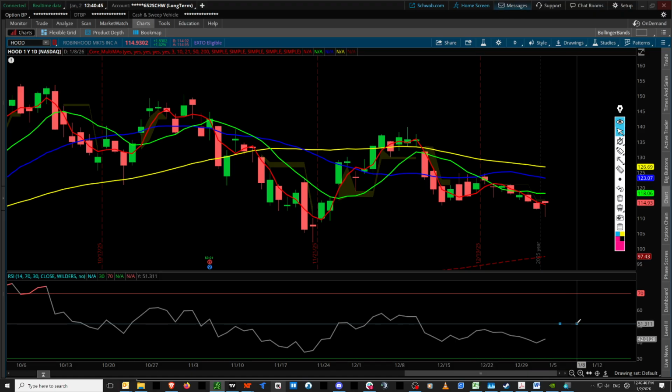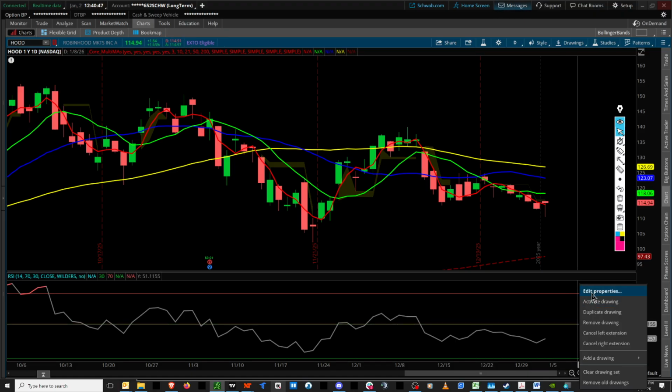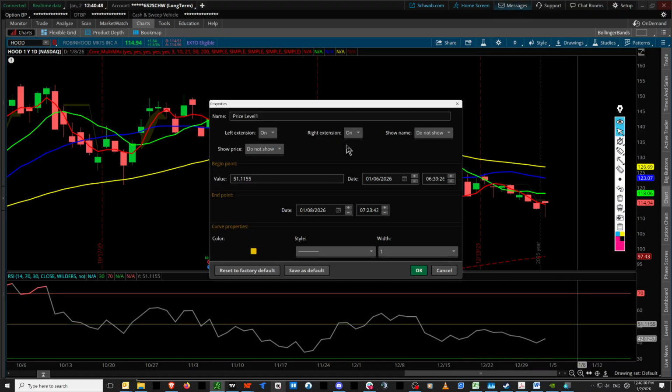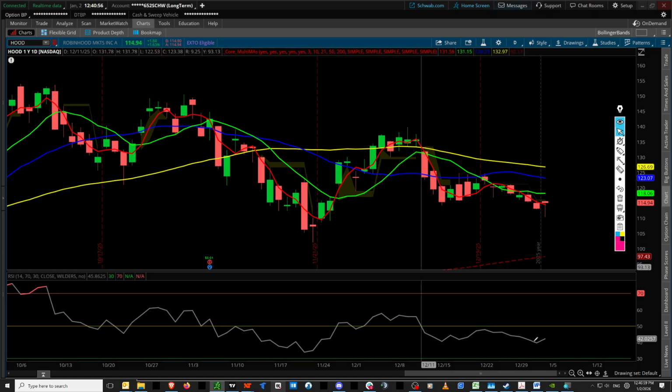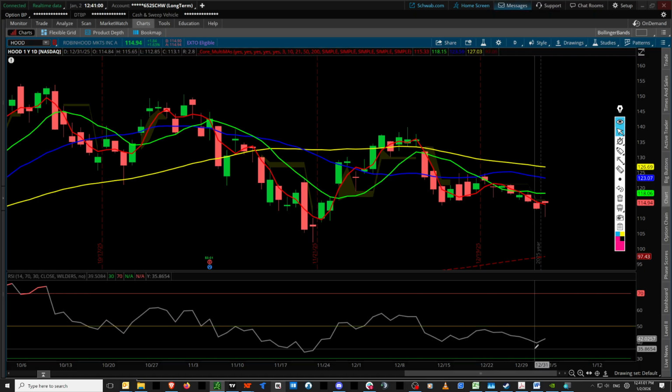Now, edit and put it on the 50. So we're below the 50 on the RSI.